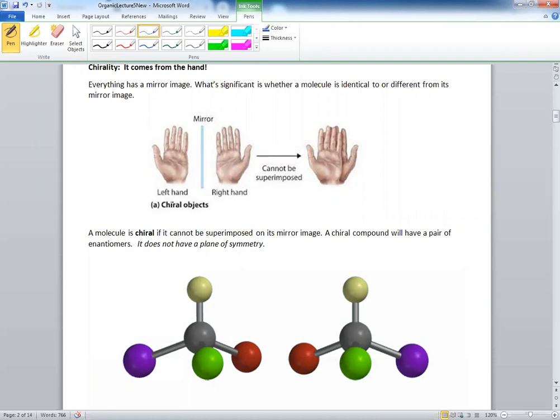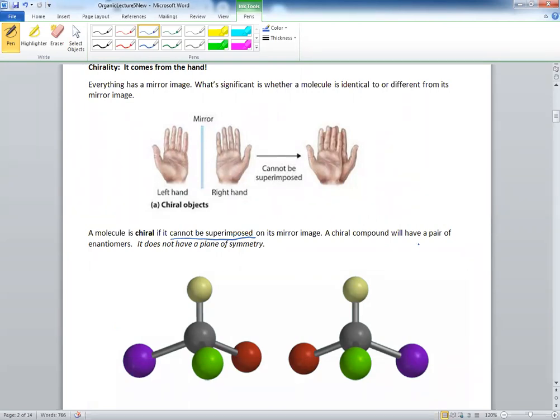If you ever ask, what does superimposed mean, just remember the hands, that they cannot be superimposed on top of each other. Think about gloves. That's why you have different gloves, one for each hand. Shoes. So there are many chiral objects in nature. But again, they cannot superimpose.